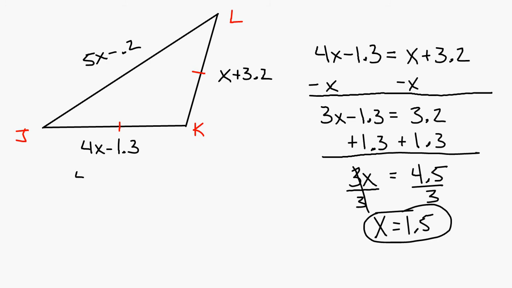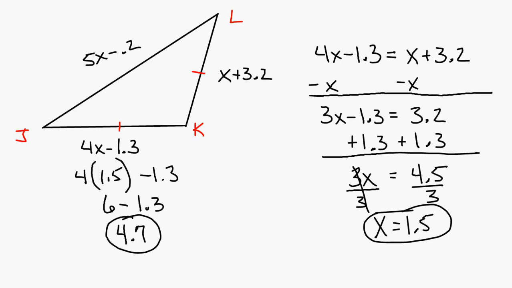So right here you've got 4 times 1.5 minus 1.3. 4 times 1.5 is 6. Minus 1.3. And what's 6 minus 1.3? 4.7. And then you can verify it.